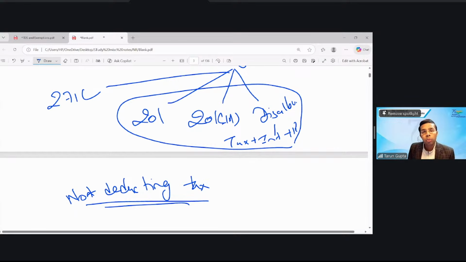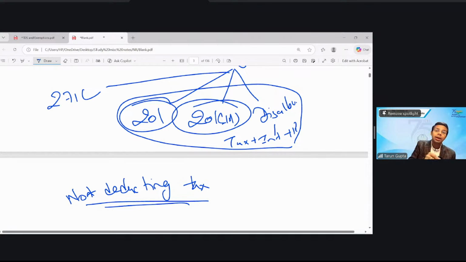If some assessee has shown a bogus expense, then his expense is disallowed. He is required to pay tax, interest, penalty. But if some person doesn't deduct TDS on any payment, then the expense is disallowed, and he has to pay tax, interest, penalty. In addition to that, he is held to be an assessee in default, pays interest for late deduction of TDS, is subject to a penalty equal to the amount of TDS, and faces such harsh consequences.